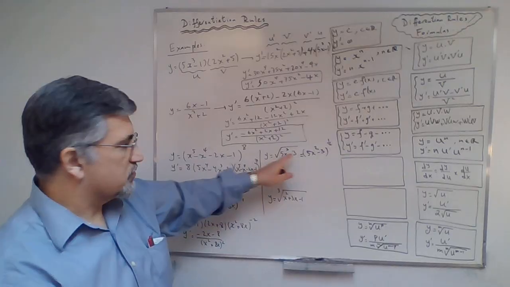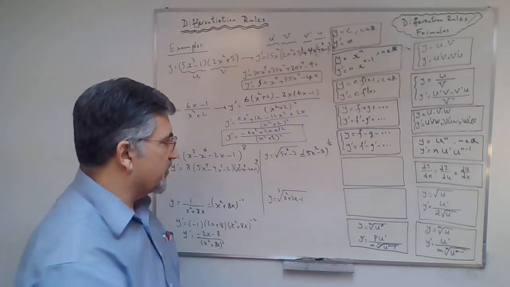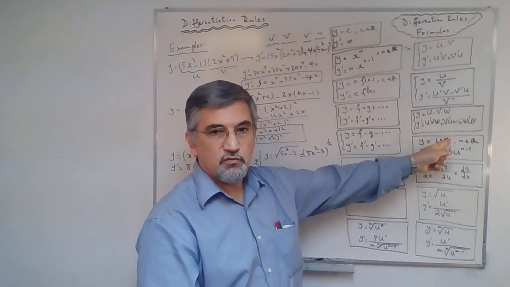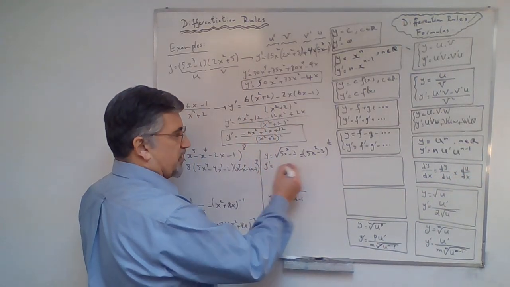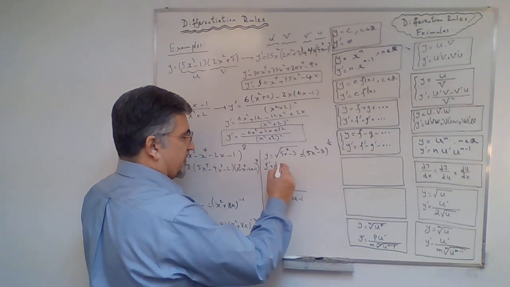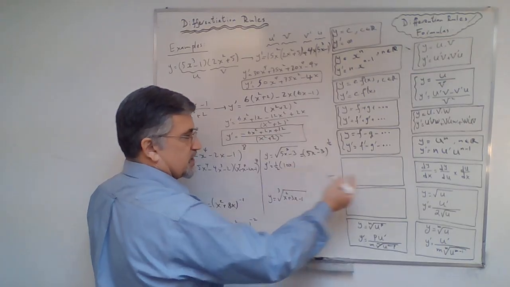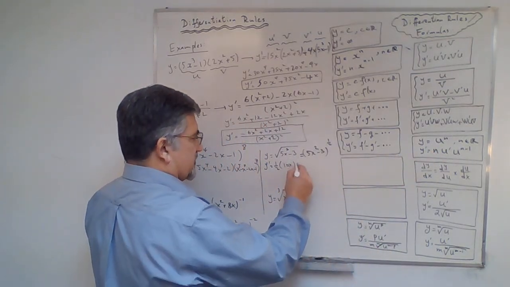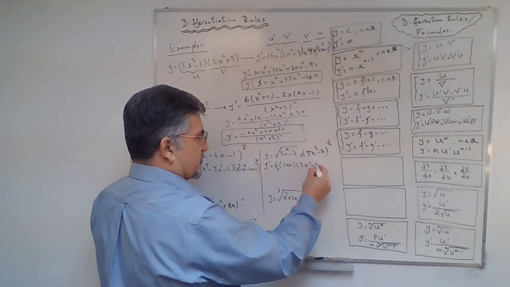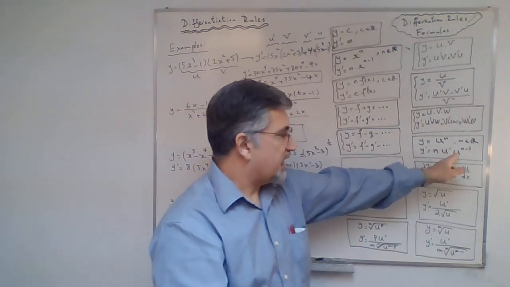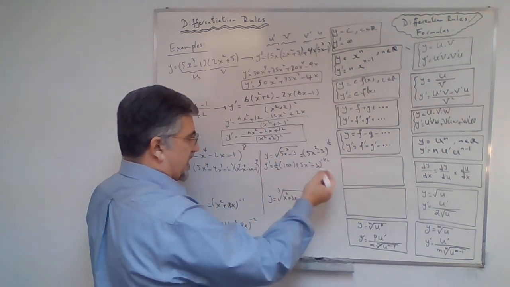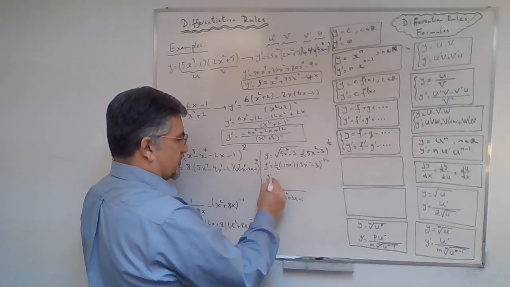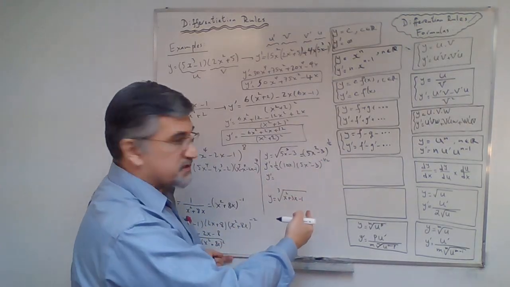You can write this square root with a rational exponent, and then you can say n is equal to 1/2 and apply the same formula. For example, you can say y prime equals n, which is 1/2, times 10x, which is u prime, and then times 5x squared minus 3 to the exponent of 1/2 minus 1, which is negative 1/2. And perhaps you can rewrite this in the denominator with a positive exponent.